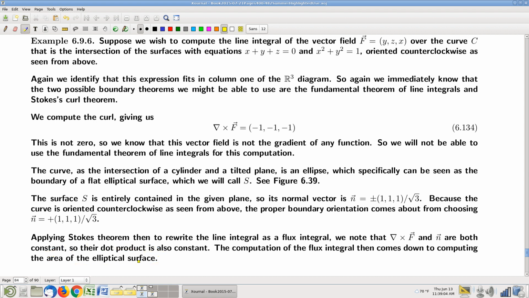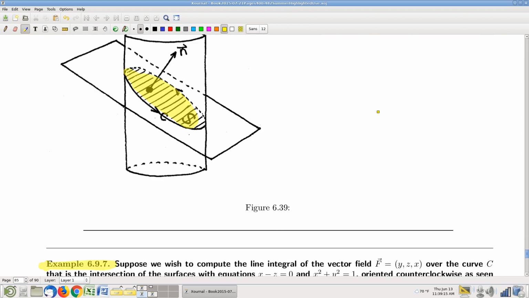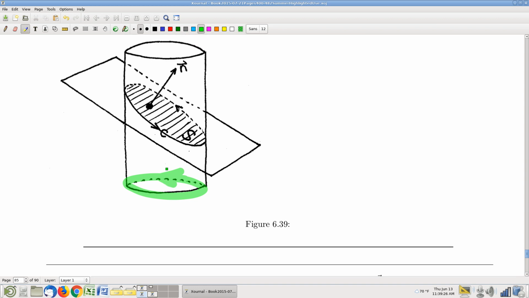Let's look back at the original problem. Our vector field, pretty nice, right? How do I parameterize this curve? That curve is actually pretty easy to parameterize. X and Y are just cosine and sine. And the X and Y on the actual curve that we're interested in are the same X's and Y's as on that projection, which is just, again, cosines and sines.